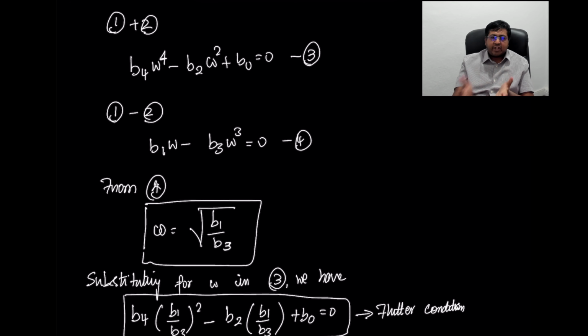In the next section, we'll take some simple problems and solve them to see how we can use the concepts we have derived so far to determine the flutter condition and the flutter frequencies.